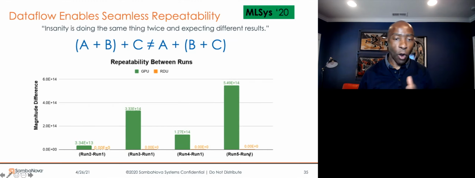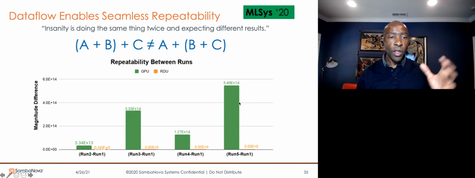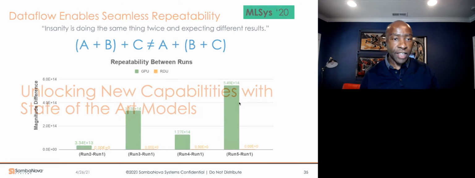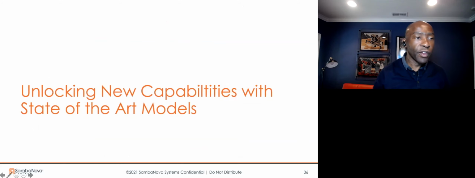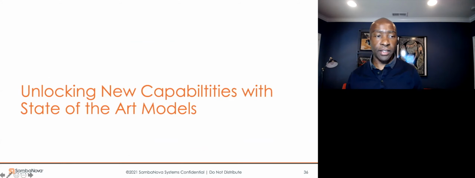Essentially, no difference from run to run in the RDU, and significant differences in the GPUs. Okay, so we talked about both the hardware and software. So what sort of state-of-the-art models does this combination of data flow hardware and new compilation strategies enable?